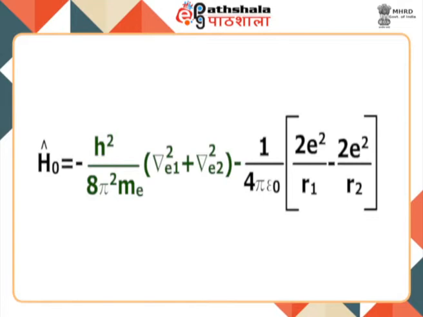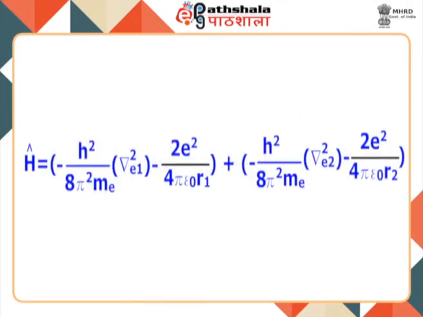As you can very easily see, equation 11 can be rearranged to give the Hamiltonian equal to minus h square upon 8 pi square me, del square electron 1 minus 2e square upon 4 pi epsilon 0 r1. These first two terms together represent electron 1.